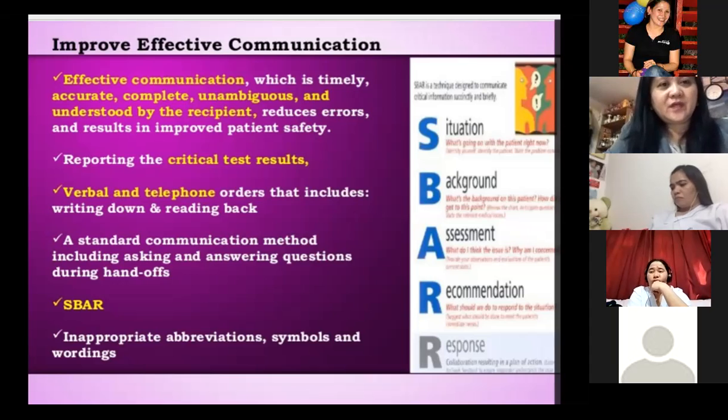Now, during this one, you have to consider the situation, the background, the assessment, and the recommendation. Like for example, you went to the patient rooms and you observe something different from the patient.